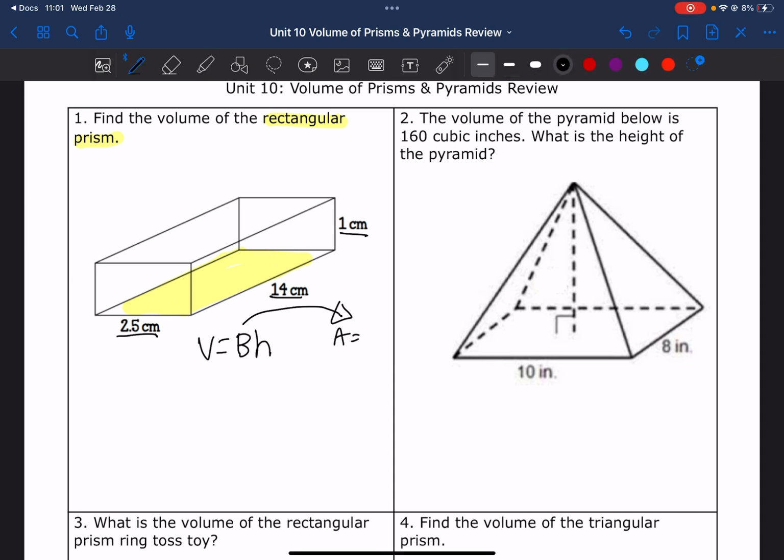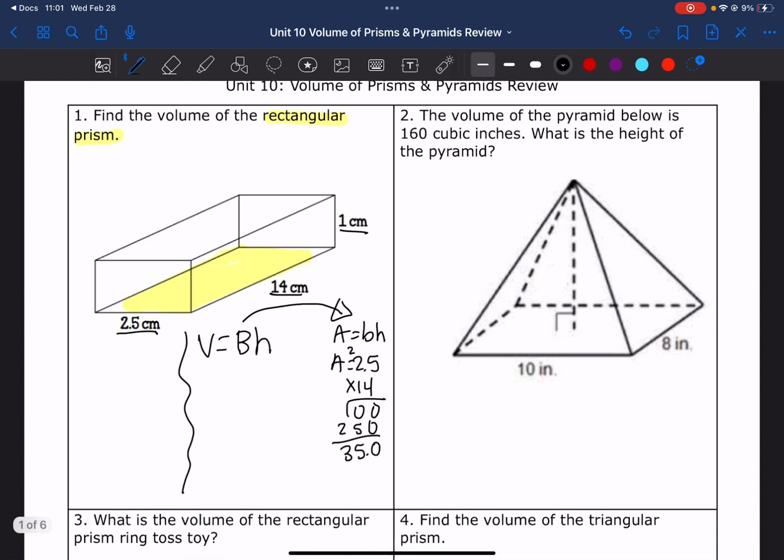I'm going to show you both ways. Here we are going to do 2.5 times 14. That would be 20, 8, 9, 10, 5 here, 2 here, and so we would get 35, and the decimal goes in between the 5 and the 0.